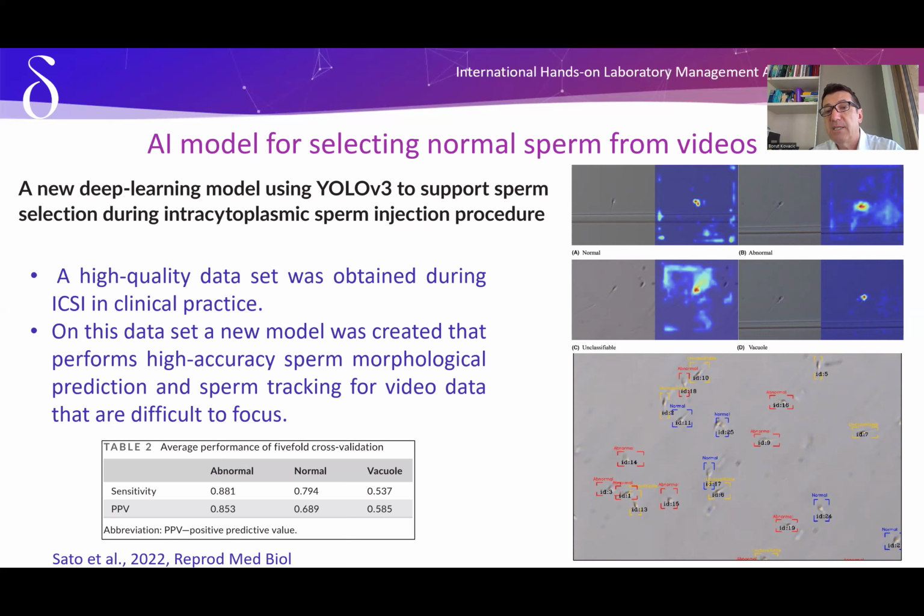But where the warm color signals were concentrated around the head, then these sperm were recognized as either normal or abnormal. So the developed artificial intelligence algorithm has good potential as a tool to assist embryologists in selecting the optimal sperm for ICSI.